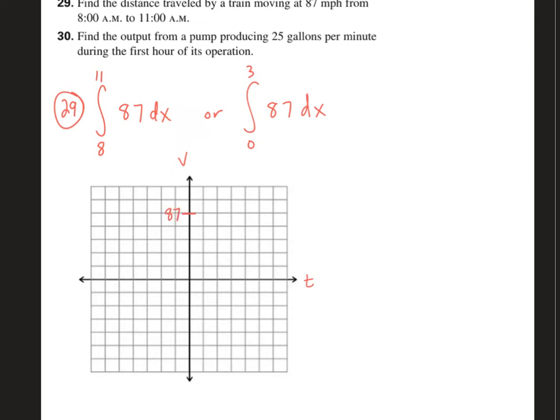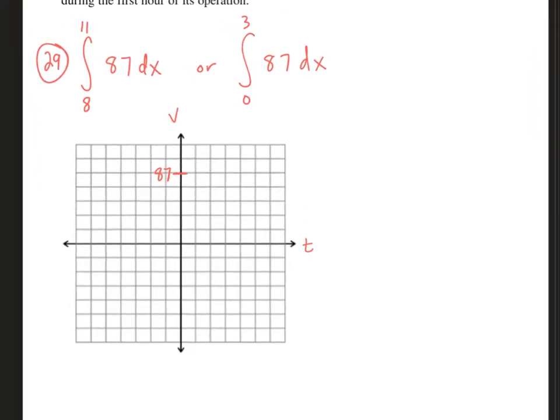Call that 87. And then maybe this is 12, so this will be 11, and this will be 8. So when they want to find, you see this? We want to find this area really.